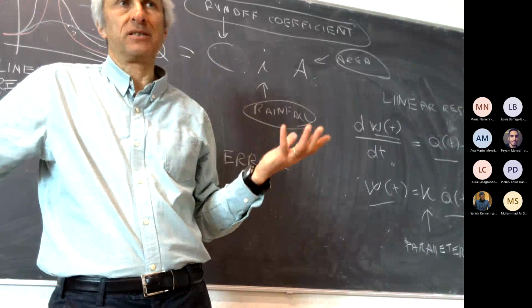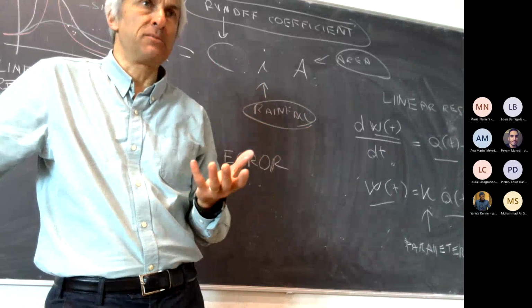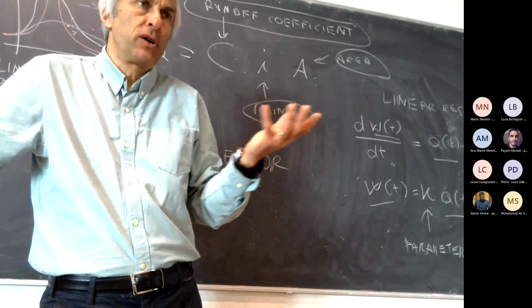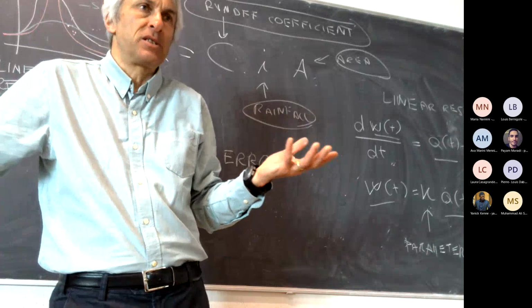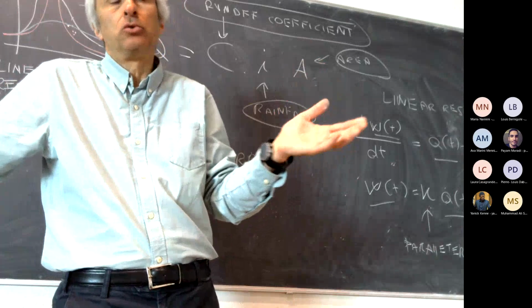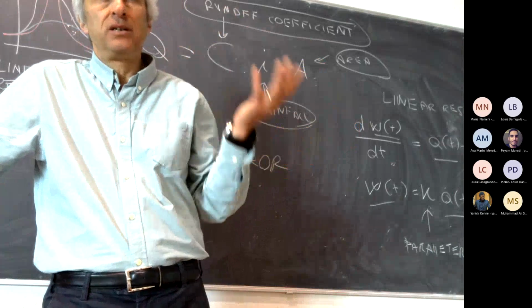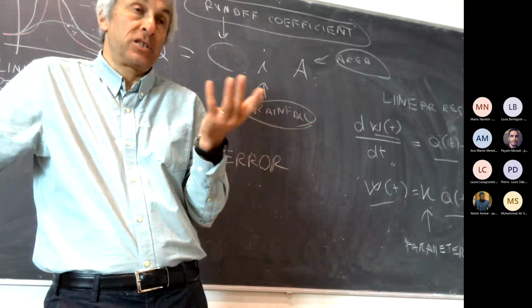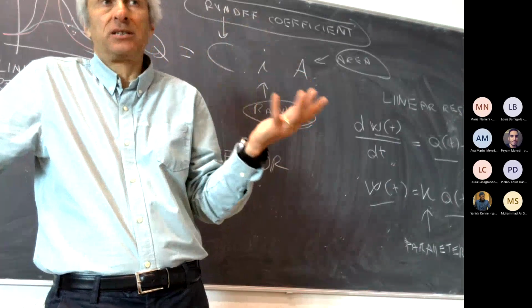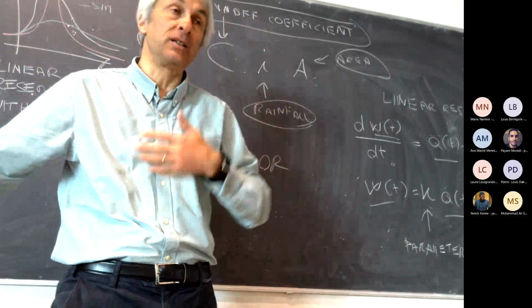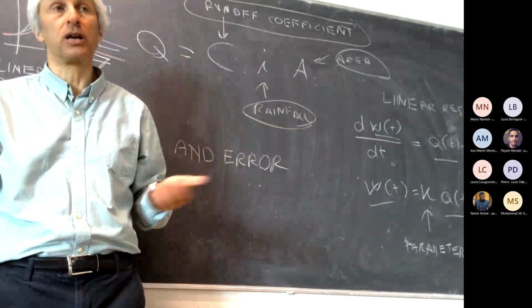Already with 5 parameters, when I tried sometimes, rainfall models have a number of parameters that typically varies from 1 to 15, 20. And I tried with several models at 5 parameters. It's really time taking. You have to work a lot.